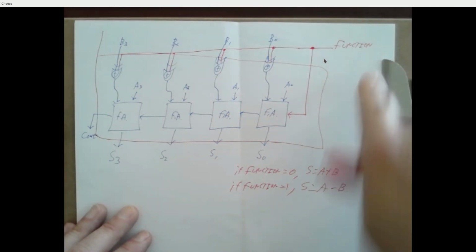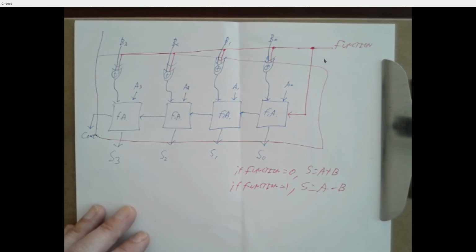If I tie this to ground, now it's an adder. And you get 2 for 1 basically, because there's not a whole lot of extra hardware in here than the adder itself.